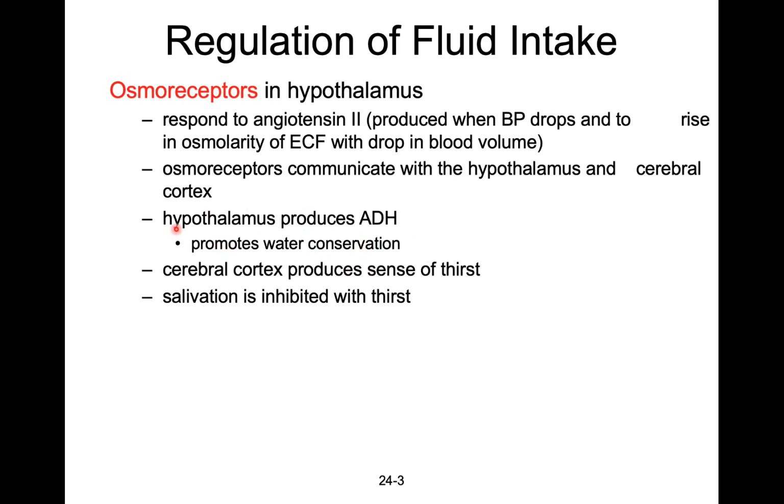So this pathway right here essentially increases the water volume to decrease the osmolarity. You're also going to signal the cerebral cortex to trigger thirst. So you're going to say, hey, drink some water. So not only are your kidneys holding in water, but now you're going to be drinking water for yourself. Salivation is also inhibited at this point because your body's trying to conserve that fluid.